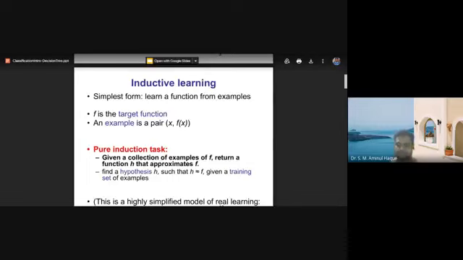Got it? So we are learning depending on some input, some example. Here x is an example, and this is the function.